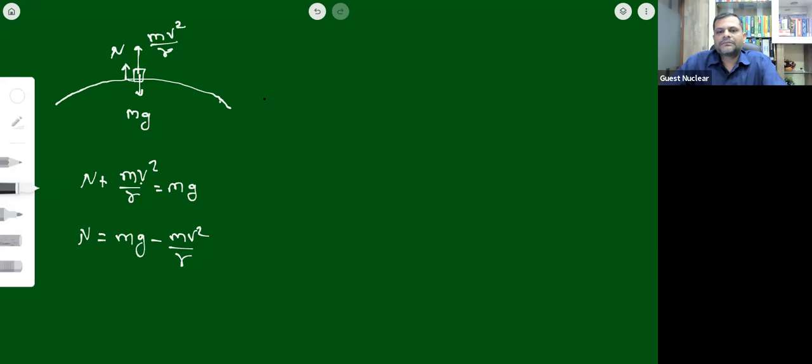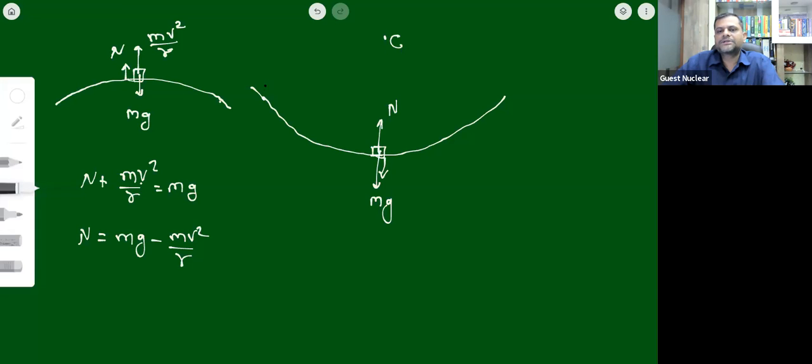दूसरी तरफ ये भी हम समझ सकते हैं कि whenever the same vehicle is traveling along a valley like this, if it is traveling along the concave bridge like this, and it is at the lowest point here, then it will experience the three forces once again. One is going to be the mg, that is the weight of the vehicle. The second one is the normal reaction, that is provided by the surface, which is upwards, and the third one is the centrifugal force, which will be downwards, because the center this time is upwards at this point here.